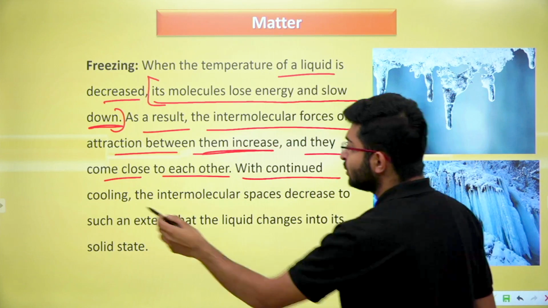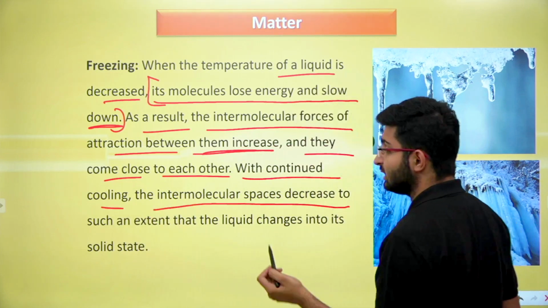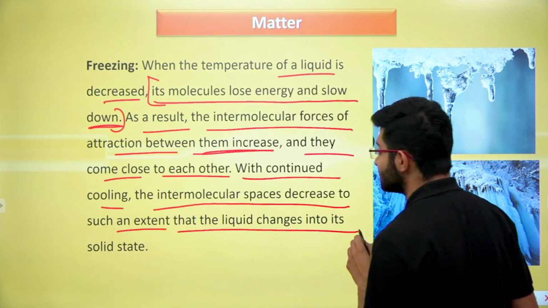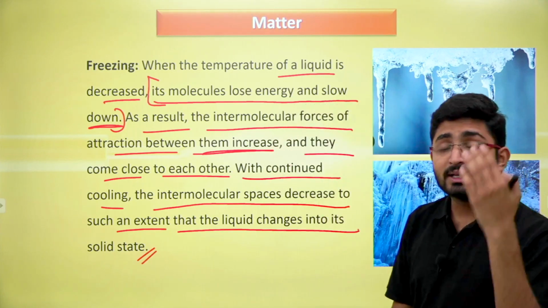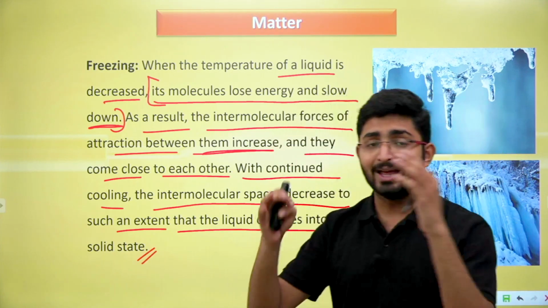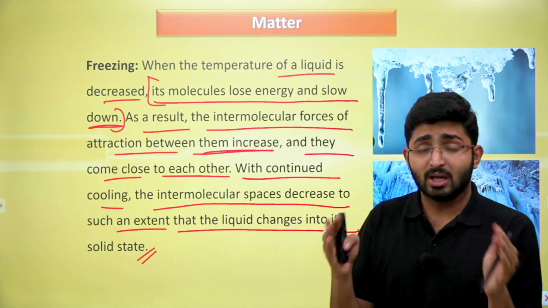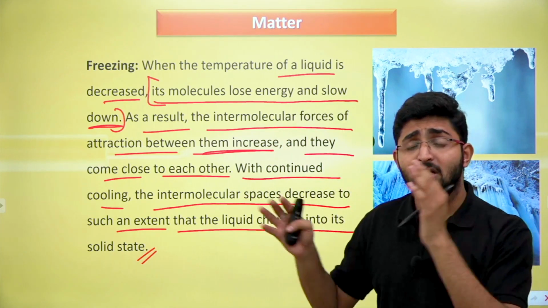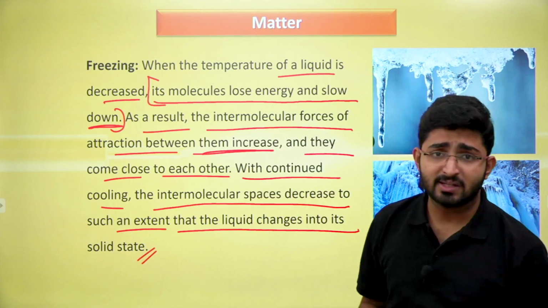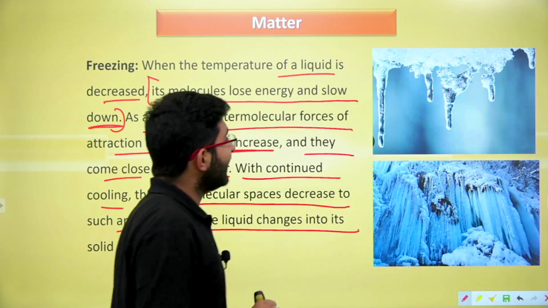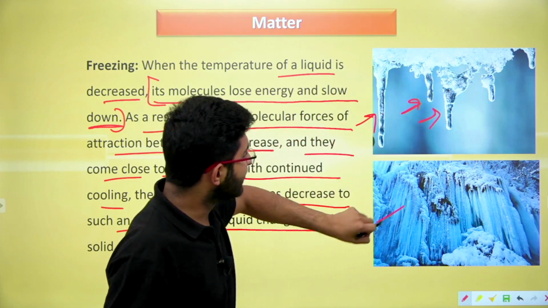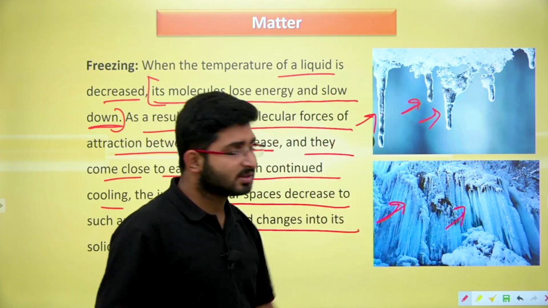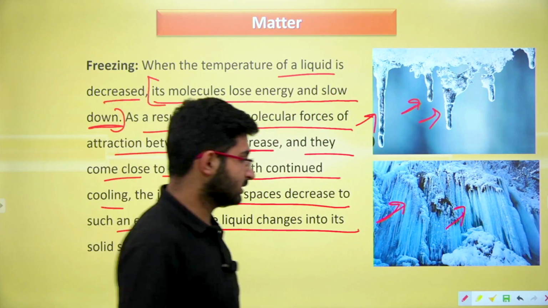With continued cooling, the intermolecular spaces decrease to such an extent that the liquid changes into its solid state. You can see here that this is liquid water, and it freezes into ice. So this is how freezing occurs, right?